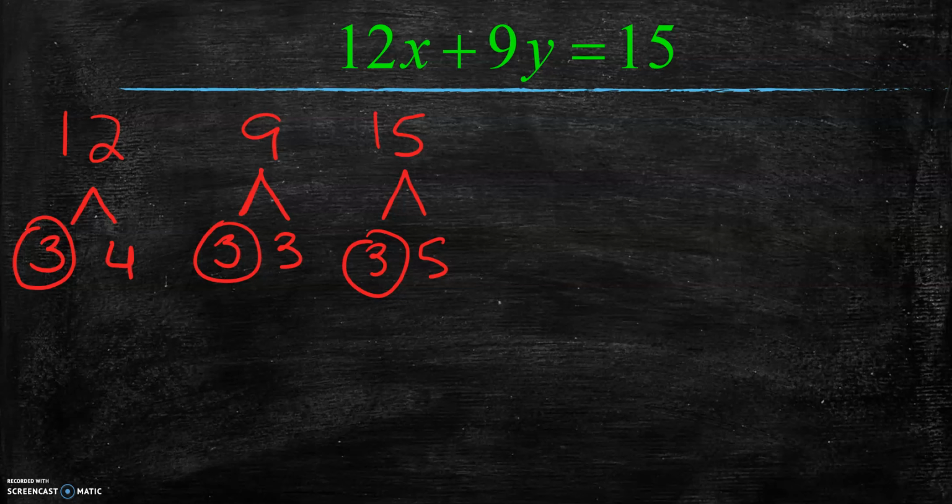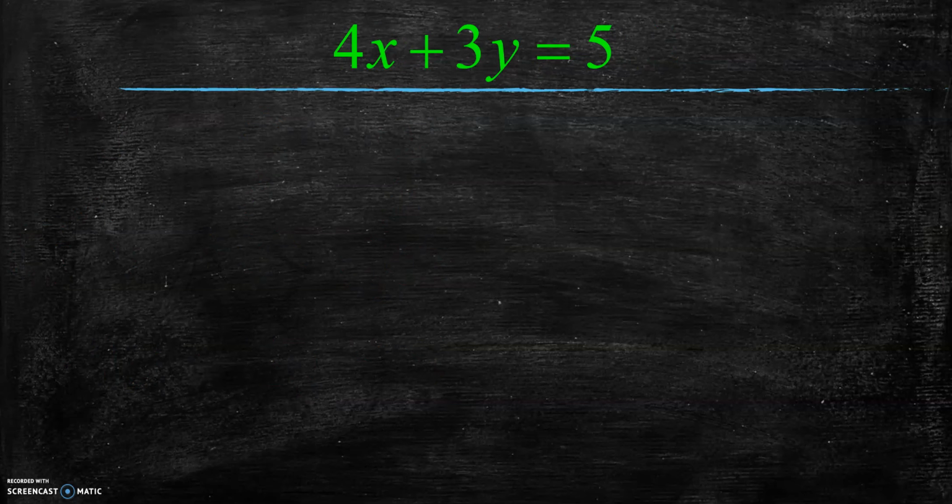So 12 divided by 3 is going to give us 4x plus 9 divided by 3 gives us 3y equals 15 divided by 3, which is 5. We end up with 4x plus 3y equals 5.